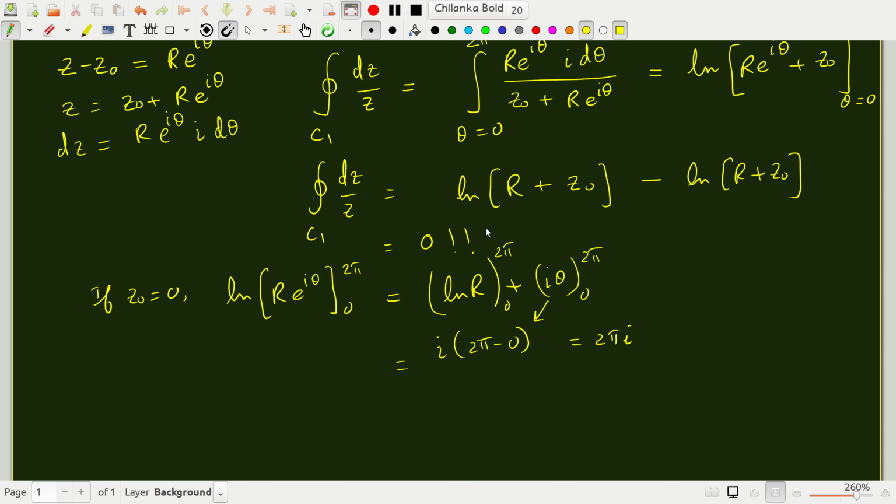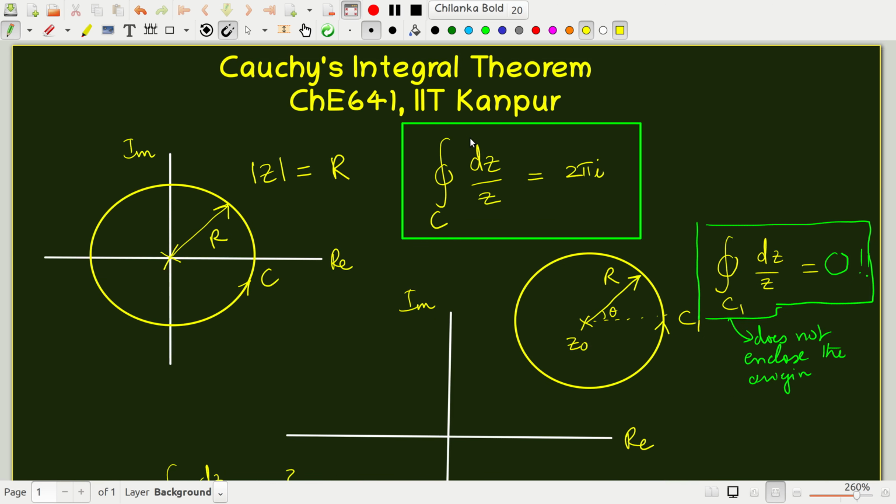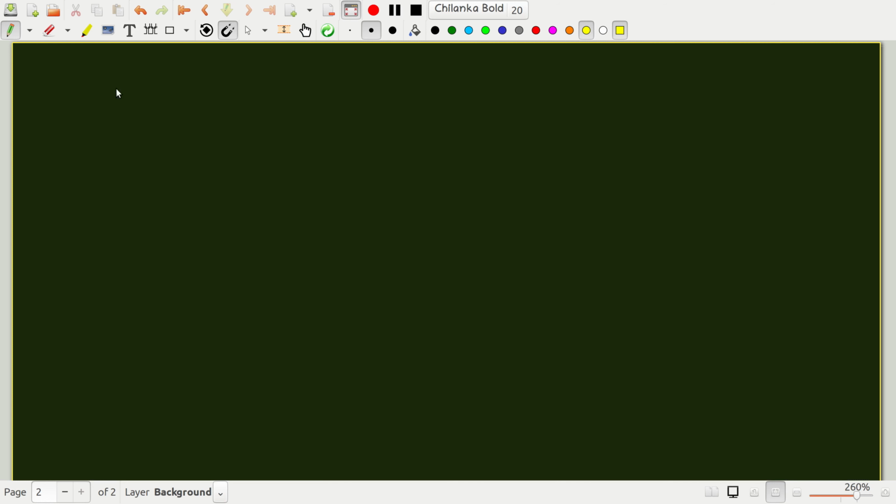This is a very important idea about the topic that we are going to discuss, which is Cauchy's integral theorem. Let me take a new sheet. Now I also told you 2 or 3 more things, so let me quickly recap that.